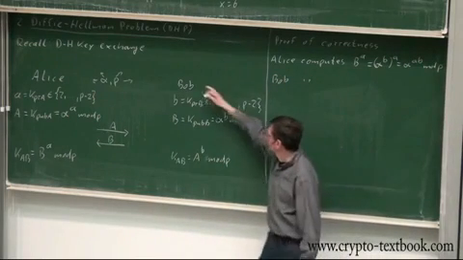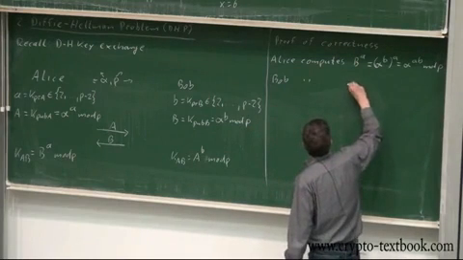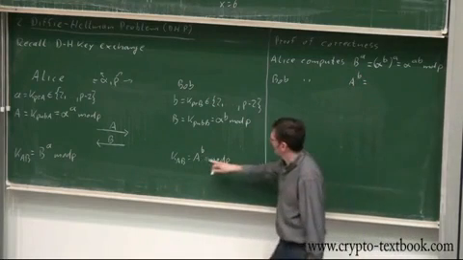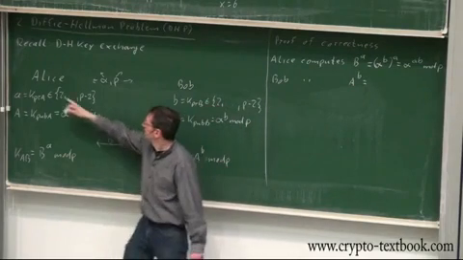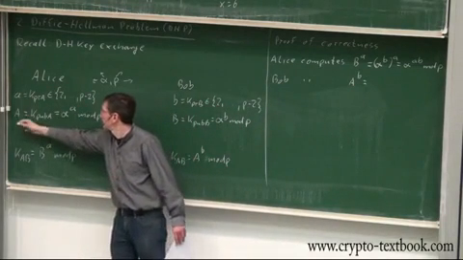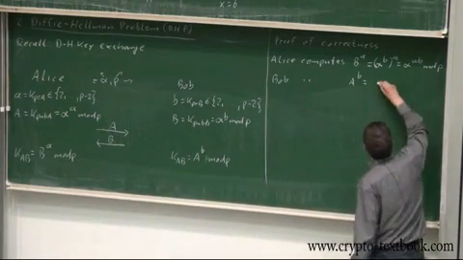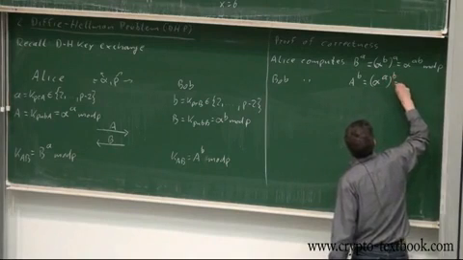Bob computes, let's look at what our friend Bob is doing. He's computing A to the b. Where's uppercase A coming from? Well, it's coming from here over the channel. And Alice computed her public key in this way, alpha to the lowercase a. Again, we substitute alpha to the lowercase a to the bth power.